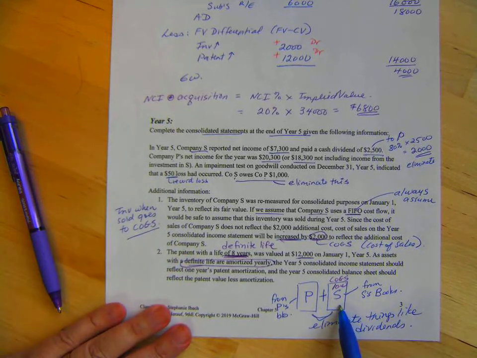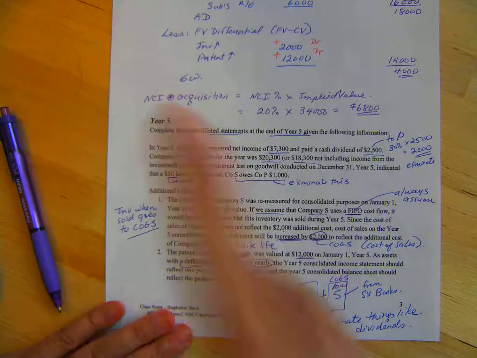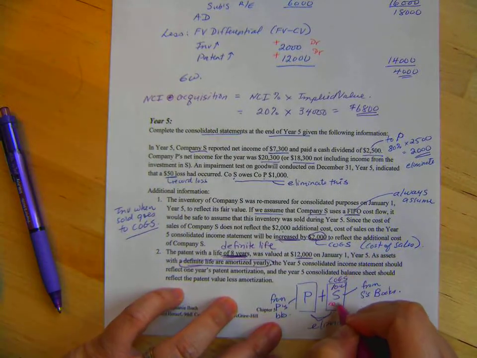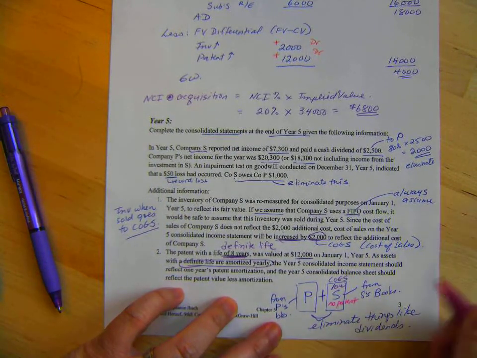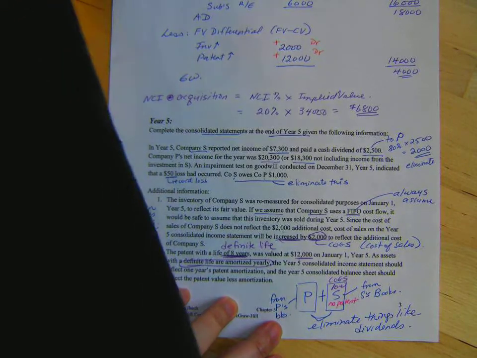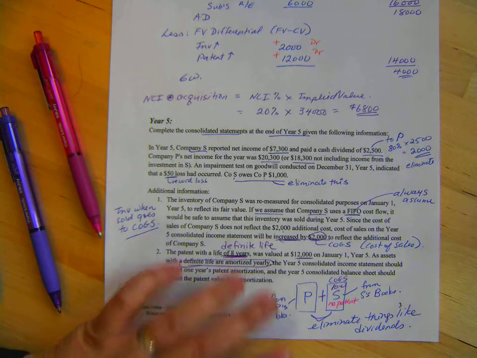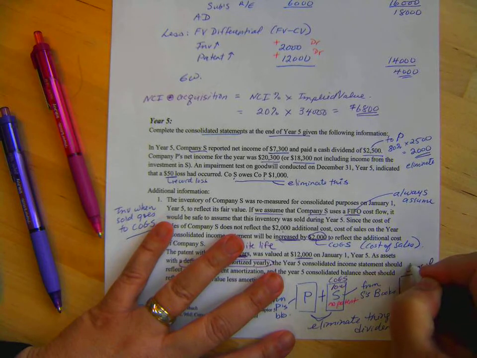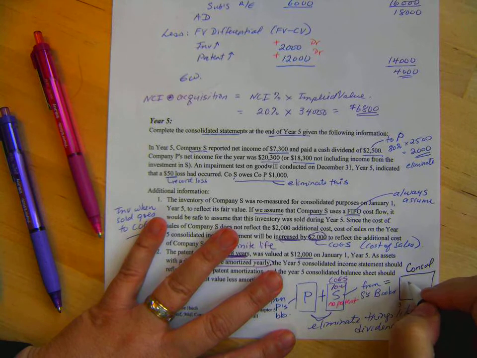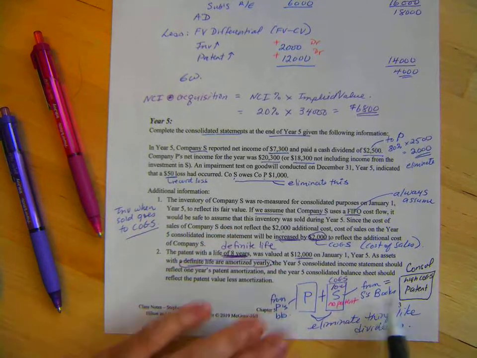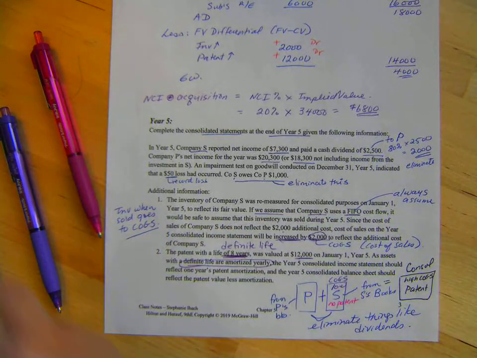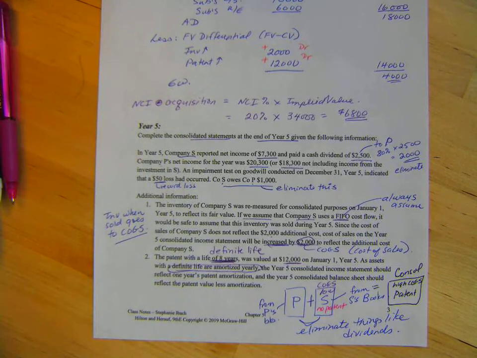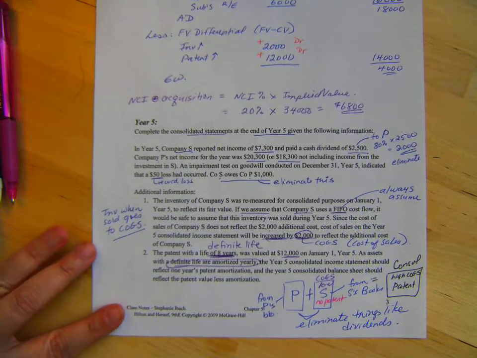They don't have a patent on there. So there's no patent. So we put them together in the consolidated. We need a high cost of goods sold, and we need a patent. So somehow they have to get added on. Okay?